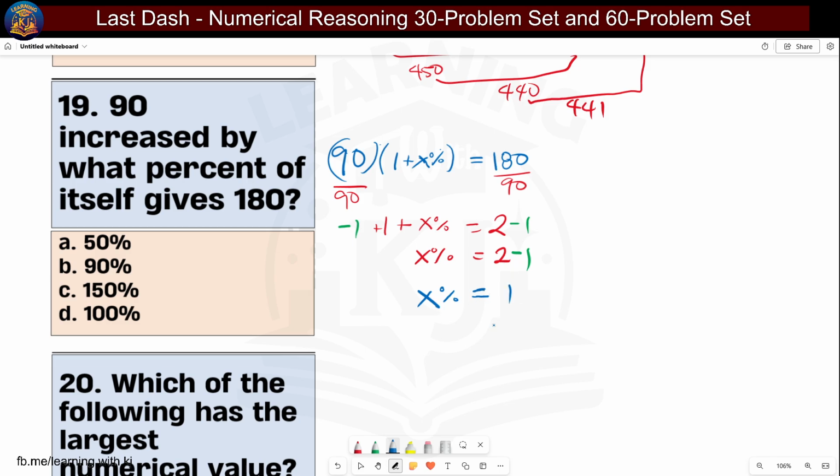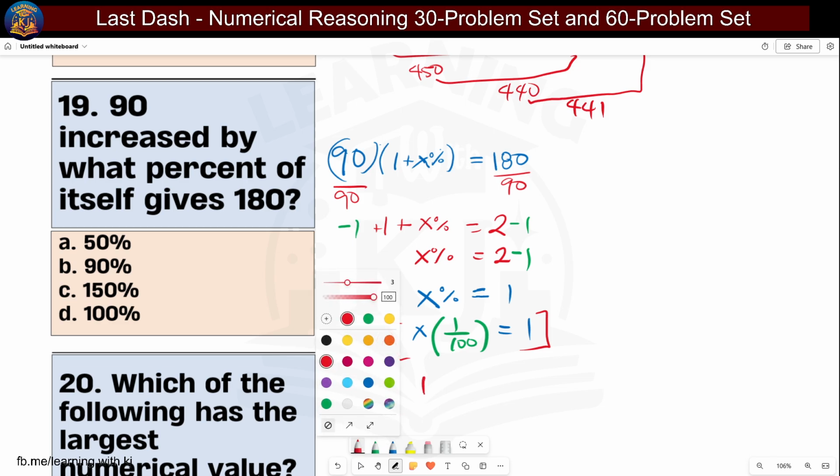2 minus 1 is 1. Yung value ng percent natin, lalagyan na natin siya ng value. Percent is 1 over 100. Again, percent is 1 over 100. This is equal to 1. Therefore, we multiply both sides by 100. We have 100x is equal to, tama?